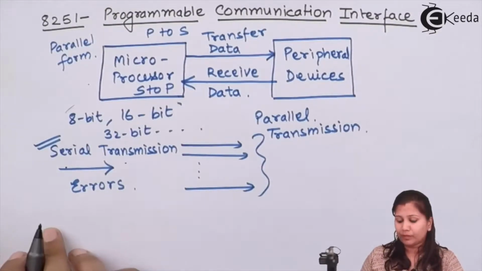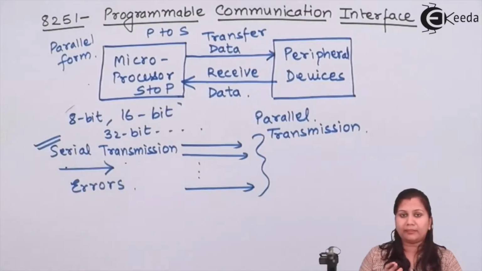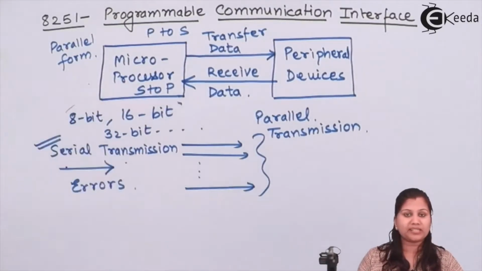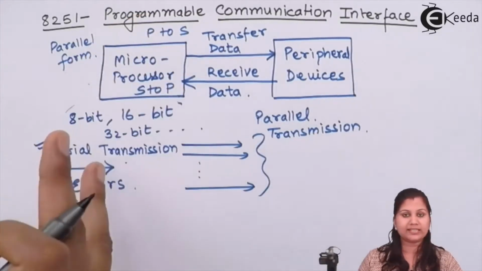So when the microprocessor is transmitting the data over long distances, problems occur. One problem is that it has to do the conversions. Also errors can occur. Also the microprocessor is busy doing all these tasks.